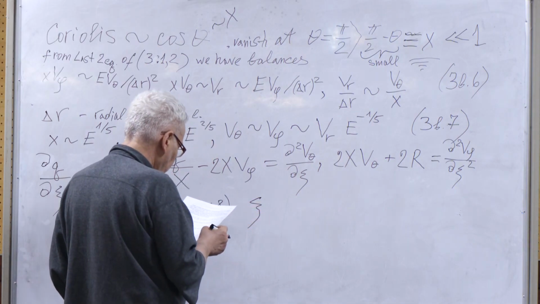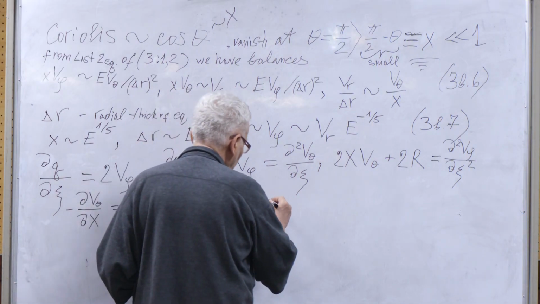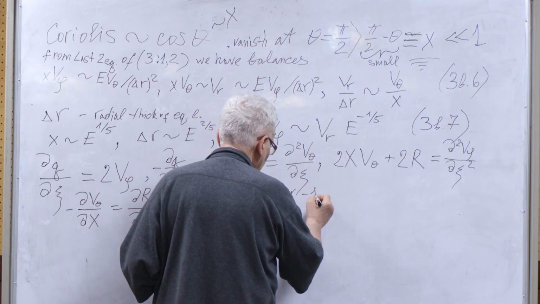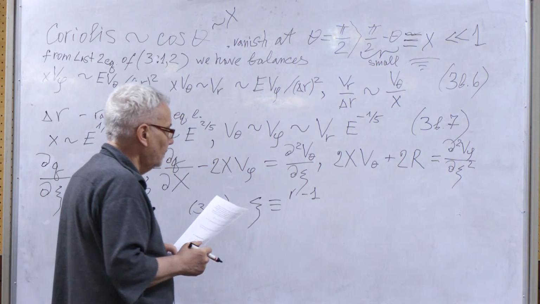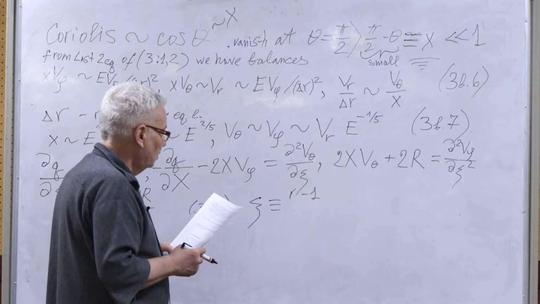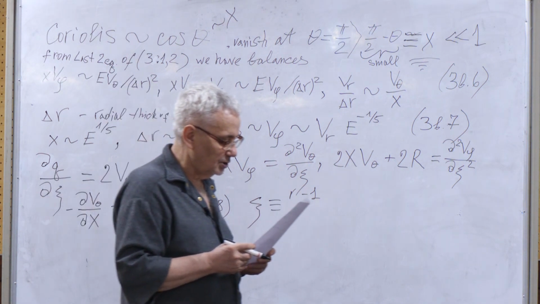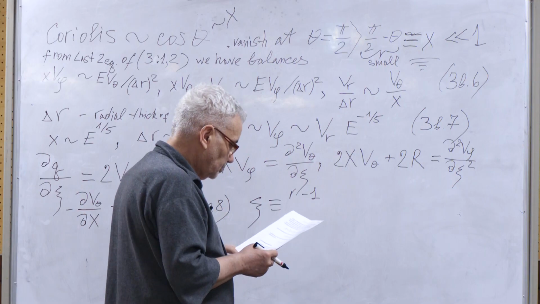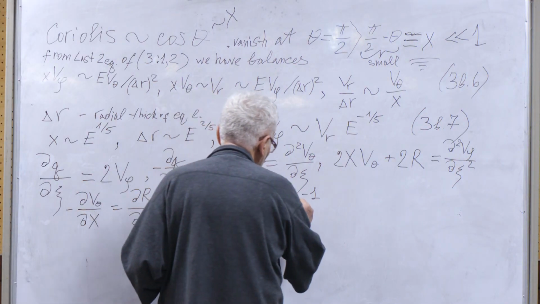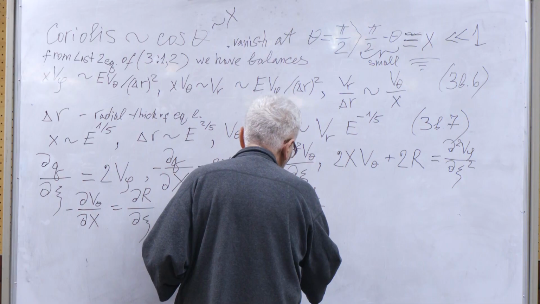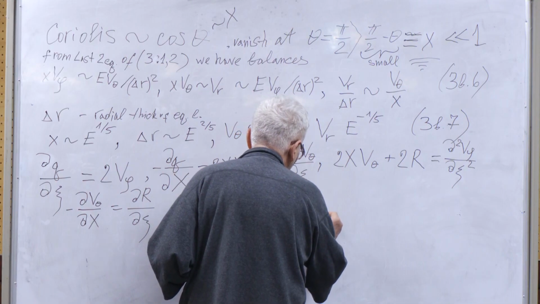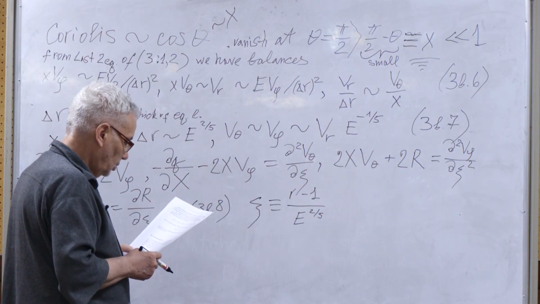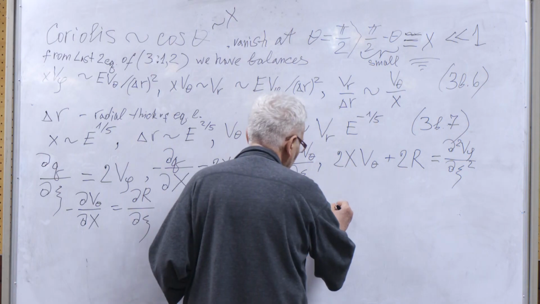Of course, it's related to the radial variable, and by definition, it is r minus 1, so it's near the inner cylinder, out of the inner cylinder, so it's always more than 1. And it's divided by e to the 2/5.